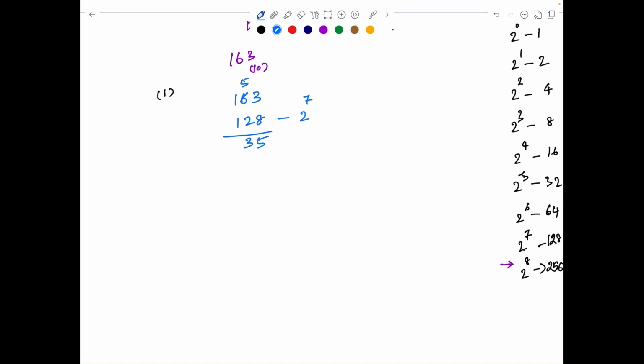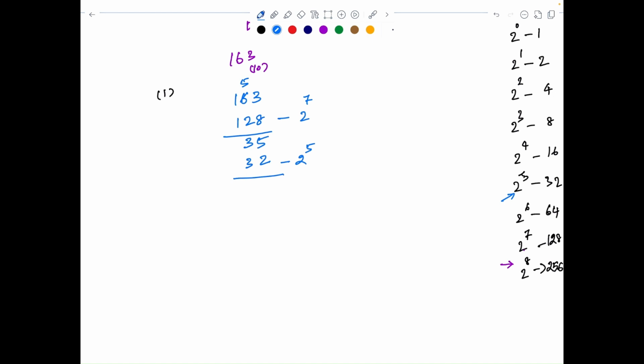No. But 32 is smaller than 35, so definitely the 2 power 5 bit position is present in this number. Do you see how this whole thing works? I think you get the pattern here. So 32, 2 power 5.